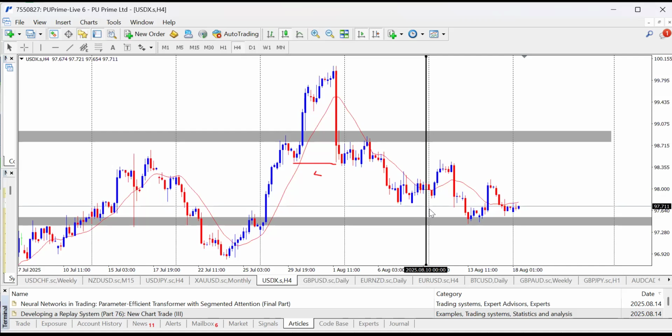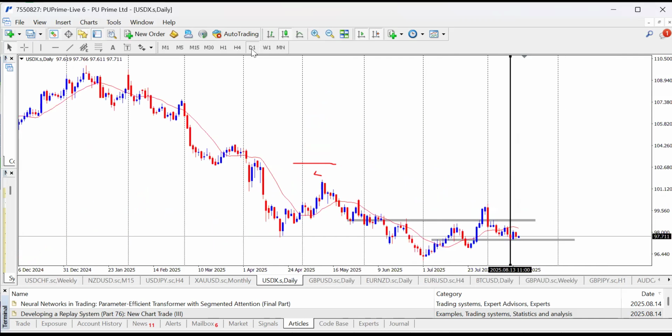You can see from here, I'll pick it from here, this level, and I'm going back to daily time frame. Now on daily time frame, what do you have? You can see that the market rejected this level, and last week Friday the market also rejected this level, right? So I'll say that we are still on a bearish sentiment, right?